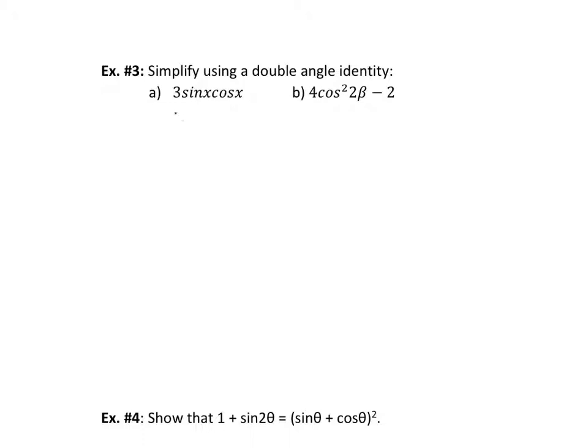If you make this a 2 sine x cosine x, what would you have to multiply 2 by to get 3? Yeah. So just put a 3 over 2 in front. Well, what is 2 sine x cosine x?